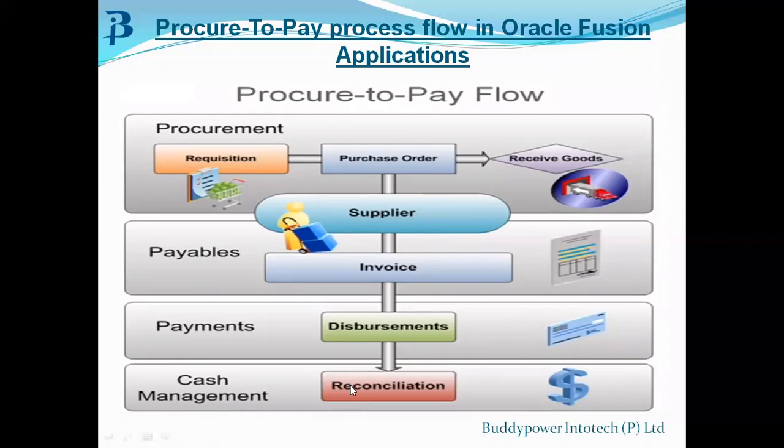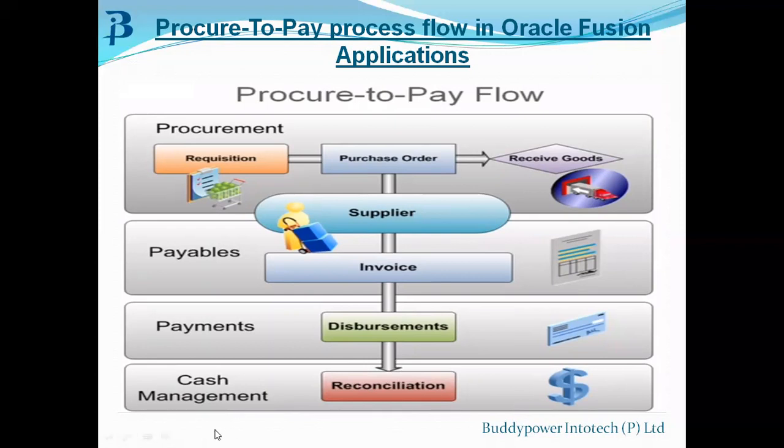Suppose some entries have been duplicated, or some wrong amount has been entered. All that reconciliation will happen in the cash management module, right? So this is basically how your P2P cycle works.